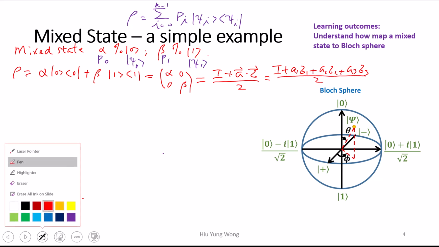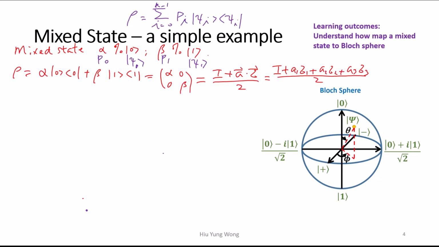Again, to remind you, sigma 1, 2, 3 are just X, Y, Z, the Pauli matrices.